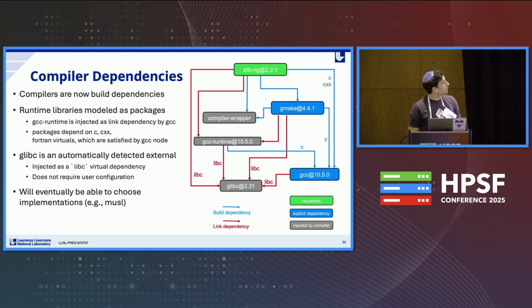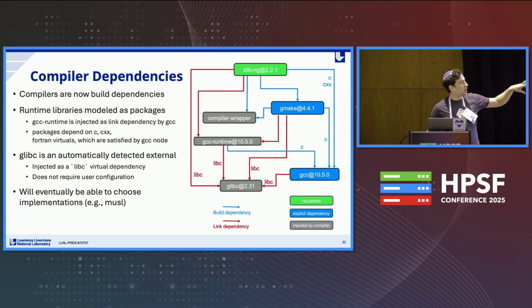So that finally brings us to compilers as dependencies. And for this, in the picture on the right, the blue dependencies are build dependencies, the red are link dependencies, and the green box at the top, zlib-ng, about the simplest package we can find, is what we requested.